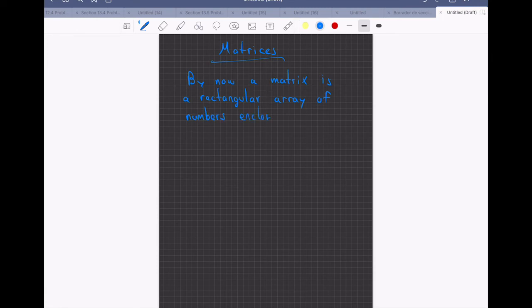Enclosed between big brackets or parentheses. So for example, an array of numbers, and by numbers I mean real numbers: 1, 2, 3, 4.